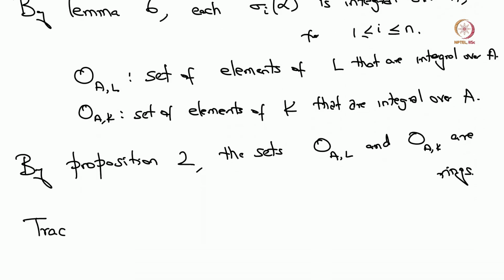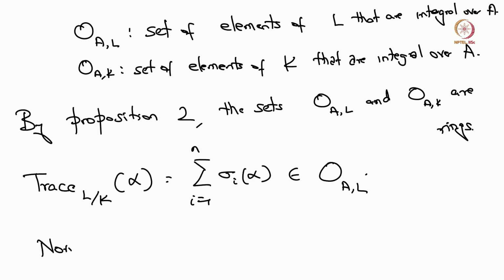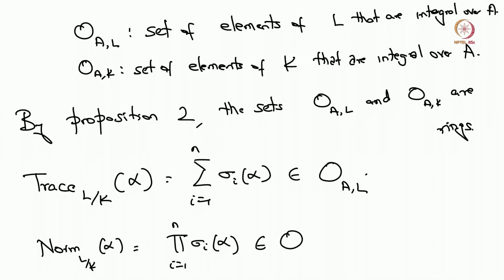So if you take the trace of alpha, it's the sum of its conjugates sigma of alpha. We've just shown that each sigma of alpha is integral, and if you add integral elements, you still get something integral. So the trace in fact belongs to OAL. Similarly, the norm of alpha from L to K is the product of all the conjugates sigma of alpha, but each conjugate is integral over A, so its product should also be integral over A, so it belongs to OAL.